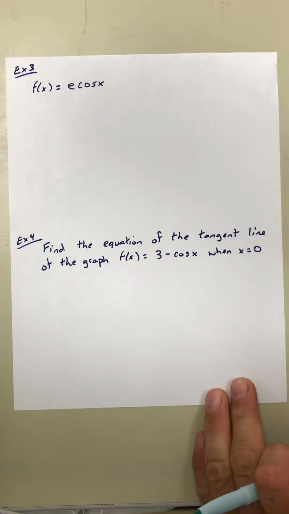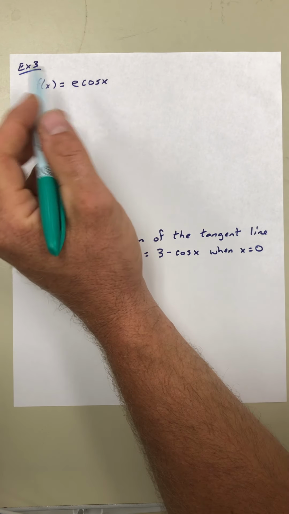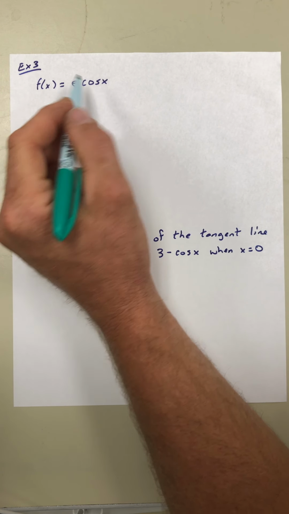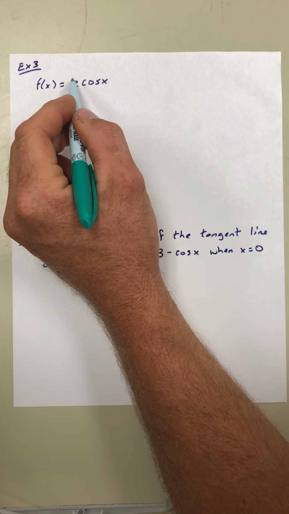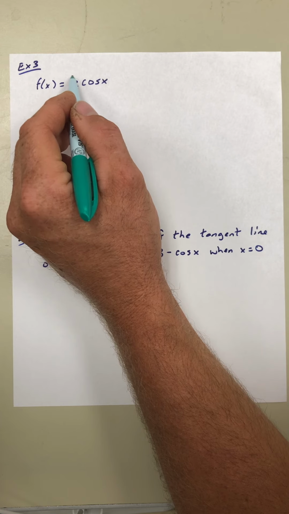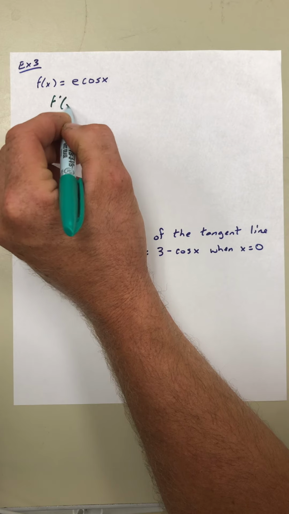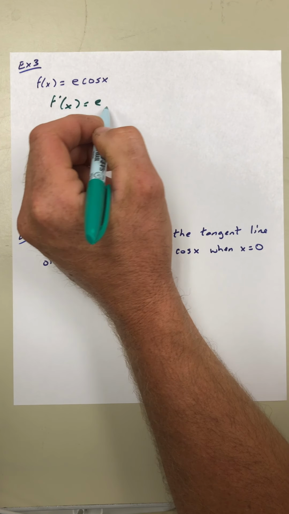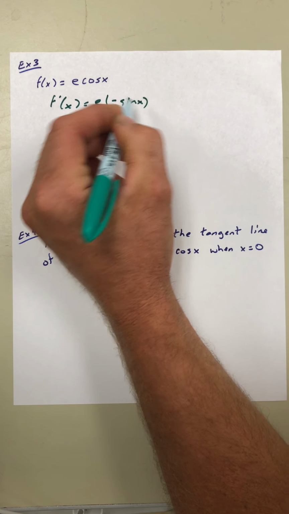Just a couple more examples and we'll be done. It's not going to be a big day today, just remembering those rules. So, e cosine of x. Notice we talked about e's yesterday or a couple days ago. Here, we don't have e to the x, we just have e. Remember, e is a number, 2.71828 and so on. So this is just a number times the cosine of x. So the derivative, that e is going to stay e, and then the derivative of cosine of x is negative sine of x.